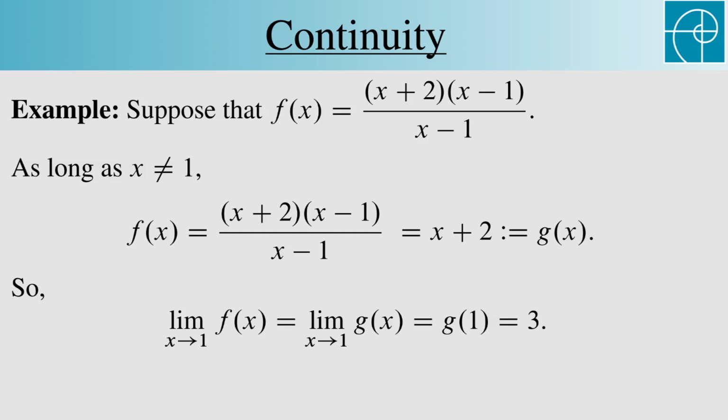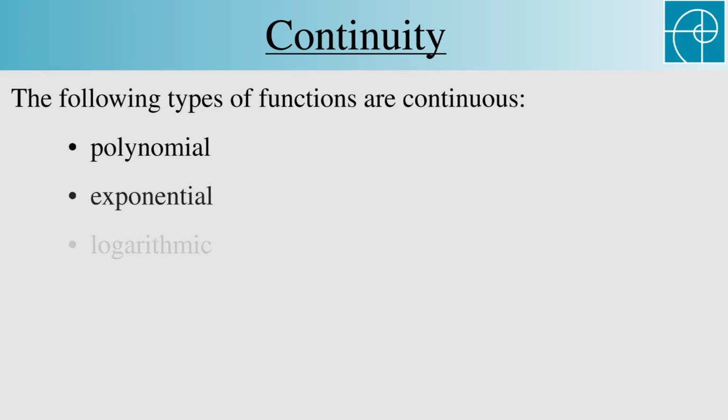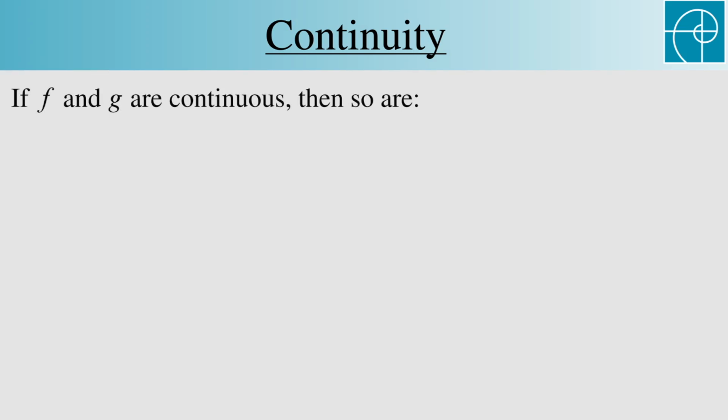There's a video with more of these examples if you want to see them. We didn't prove that g is continuous, but you can verify that it is using the definition of continuity. And in fact, almost all of the common functions we deal with are continuous. Not only that, but when we combine continuous functions by addition or subtraction, the result is continuous.